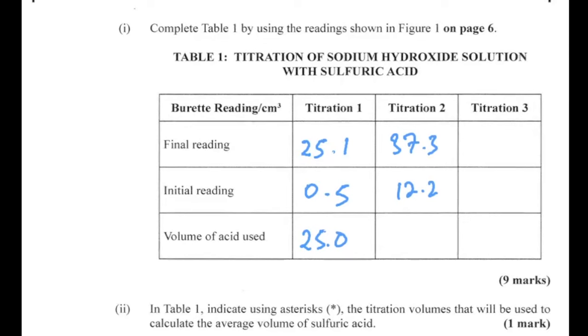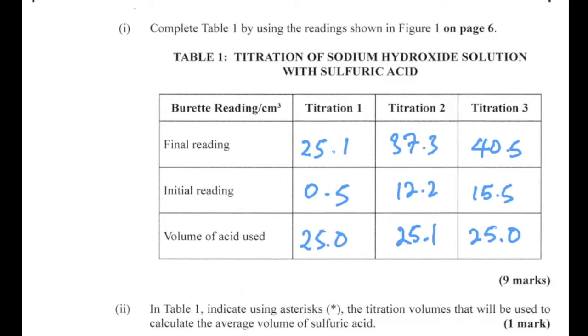The difference between those two is 25.1. Titration 3, 40.5 and initial 15.5. The difference there would be 25.0.